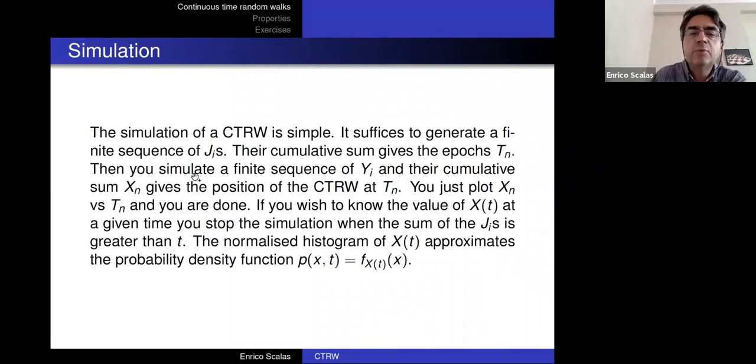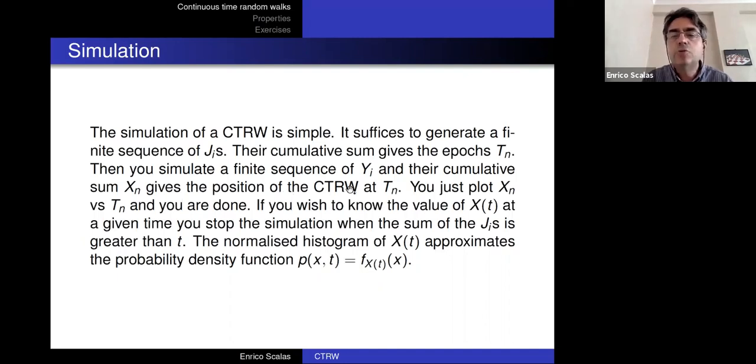And then you can simulate a finite sequence of jumps or steps. And then their cumulative sum gives the position of the random walk at step t_n. Then you just plot X_n versus t_n and you're done. And now we will see an implementation of this algorithm directly on your screen.